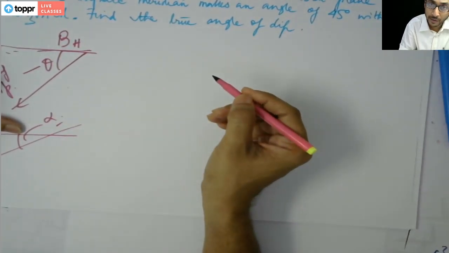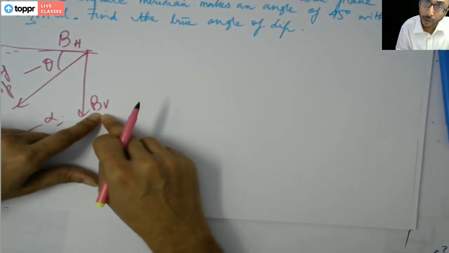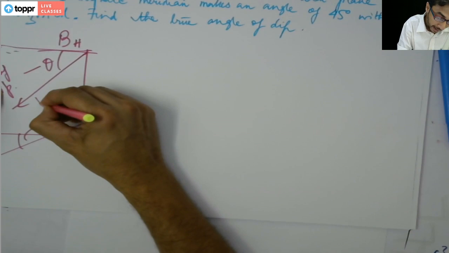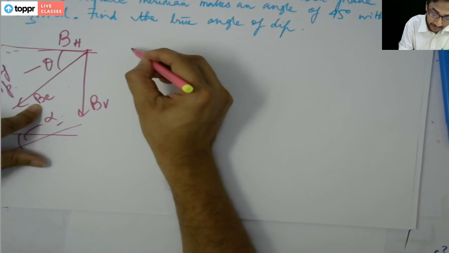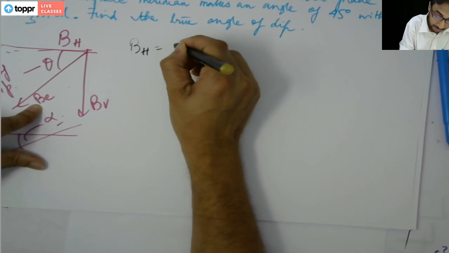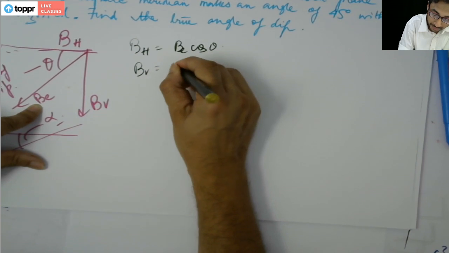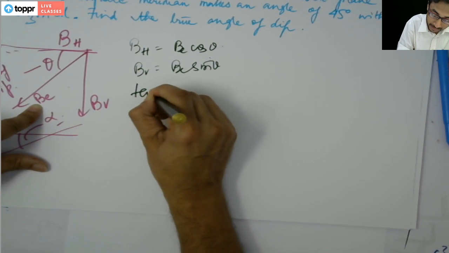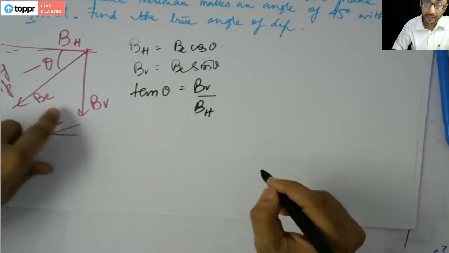And what is the horizontal component of Earth's magnetic field? If BH is the horizontal component of the Earth's magnetic field, BV is the vertical component, theta is the angle of dip, and BE is the actual Earth's magnetic field, then definitely BH equals BE cos theta, and BV equals BE sin theta, and tan of theta is nothing but BV by BH.